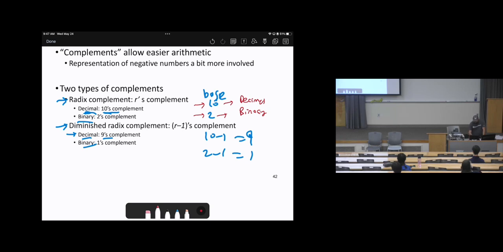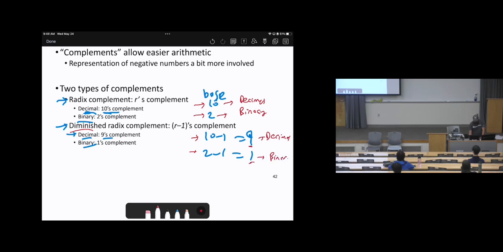Then the other type is the diminished radix complement, or base minus one complement. In other words, when we discuss base 10, decimal, we call it nines complement, and there will be one for binary.